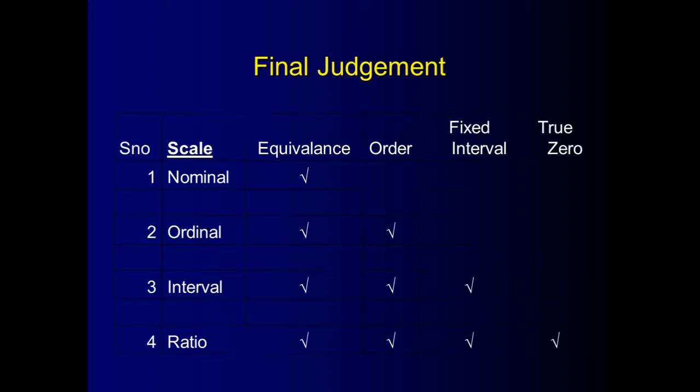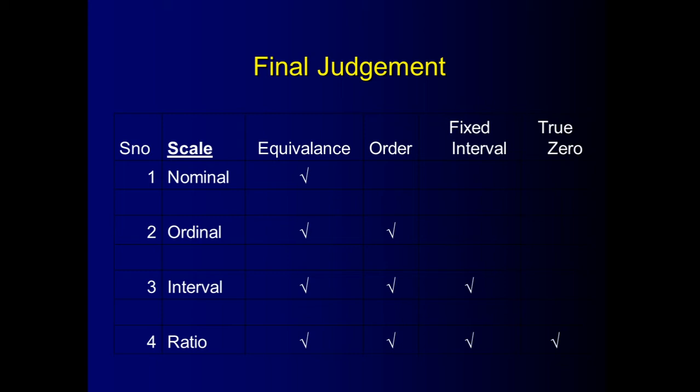And the qualities: first quality is equivalence. Second one is order. Third one is fixed interval. Fourth one is true zero. So I'll display that now.